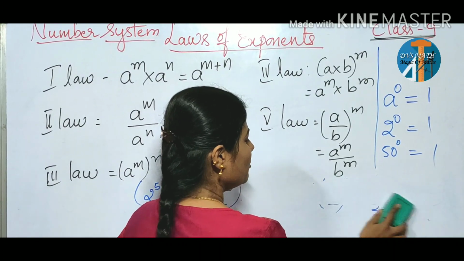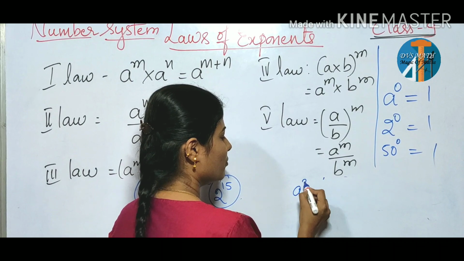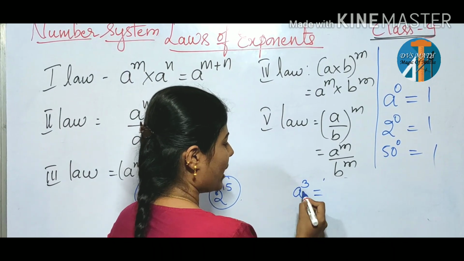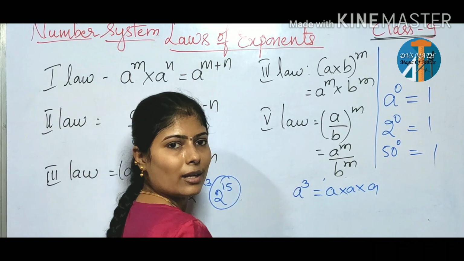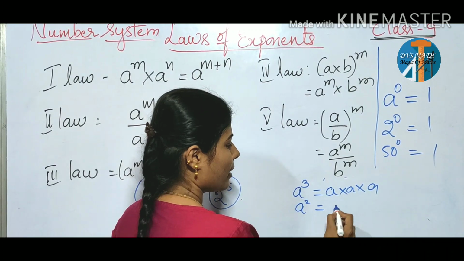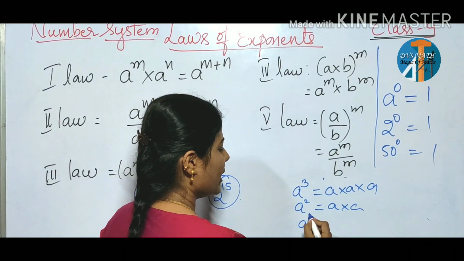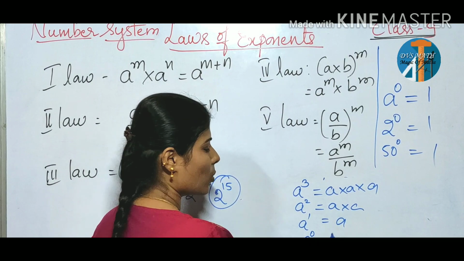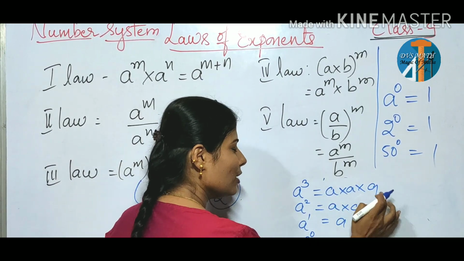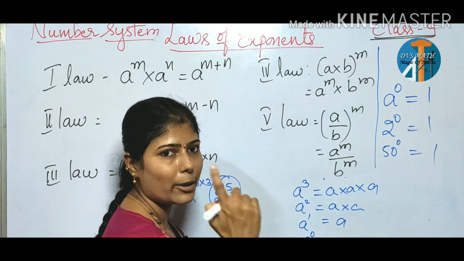Observe here carefully. For example, if I write a cube, what is it? a cube means we write it as a into a into a. Correct. a square is a into a, that means 1 is reduced. a to the power of 1 is a. But a to the power of 0? Remember that if nothing is there, you know it is multiplied by 1.